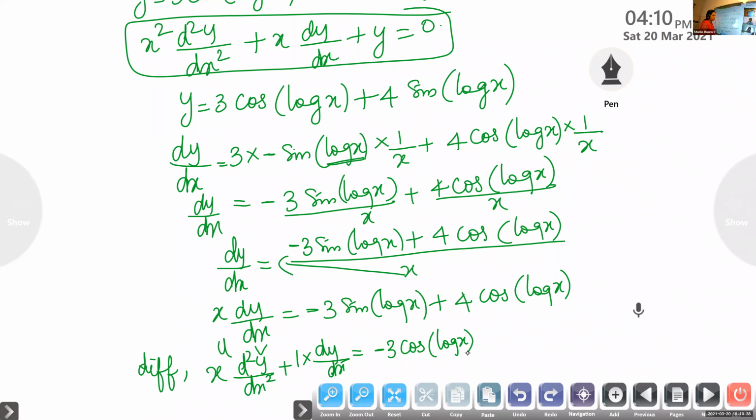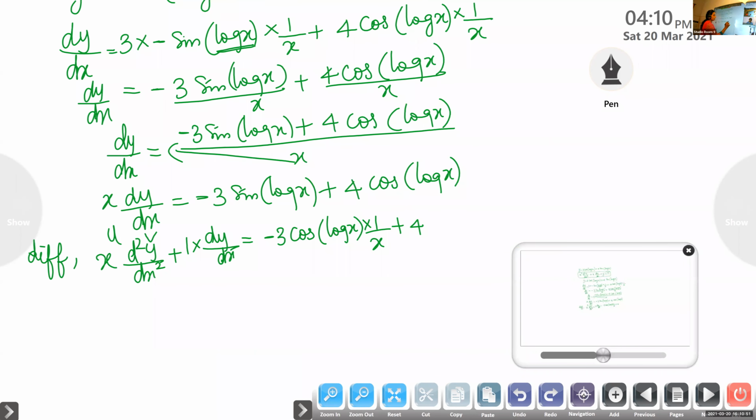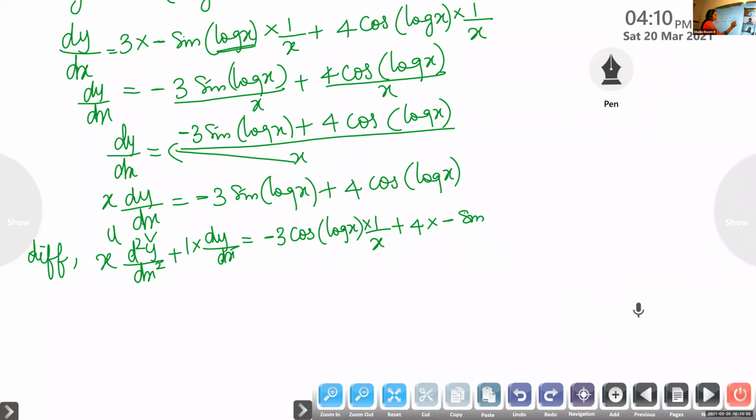Derivative of sine x is cos x. So sine of log x, if you differentiate, cos of log x into 1 by x, plus 4 into, what is the derivative of cos x? Minus sine x. So minus sine of log x into 1 by x.